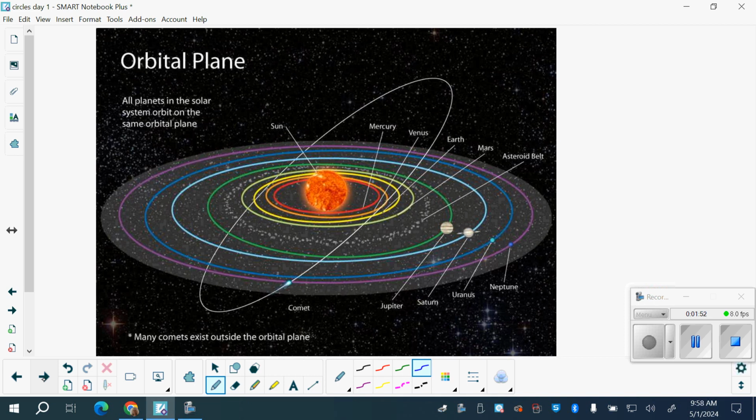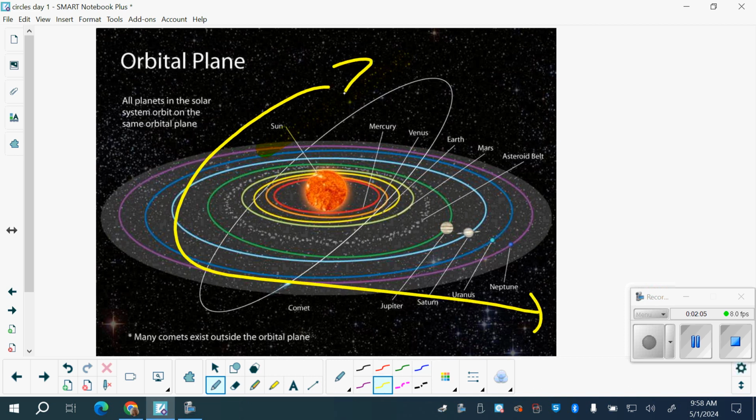That would be like a comet cruising around in here. There he is. He's coming around like that. So that's why we do it. So someone's going to save our lives.